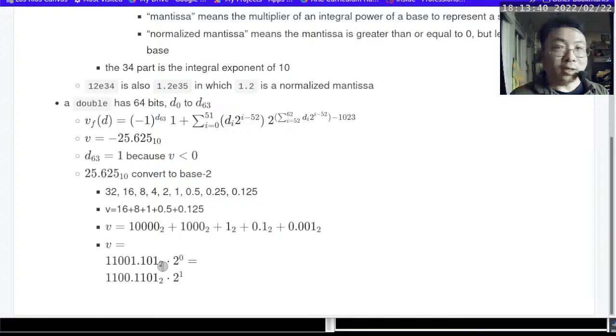I want everything to be the same. So if one side is divided by 2, I better somehow make up for that. This used to be 2 to the power of 0. Now it's 2 to the power of 1 because 1 times 2 is 2. So we are incrementing. Yes. Okay, very good. All right. So are we good with this math here?